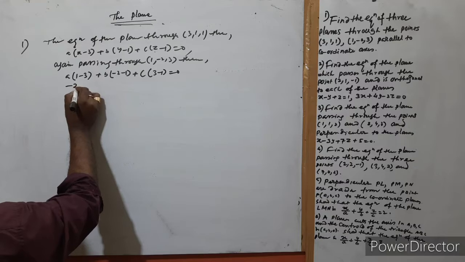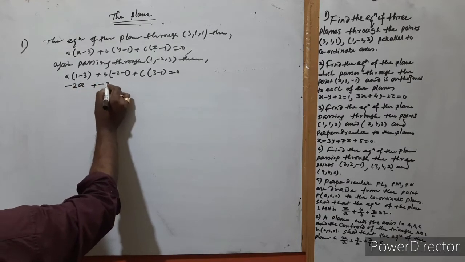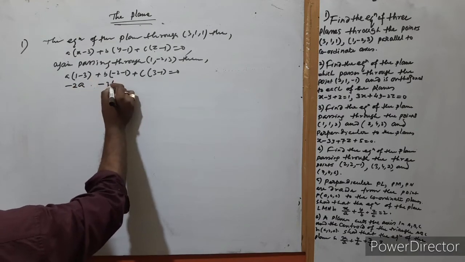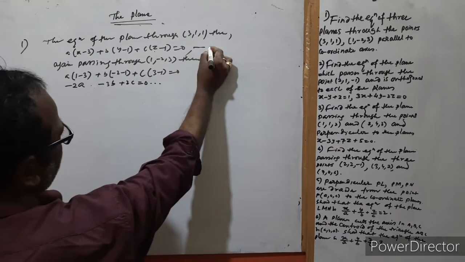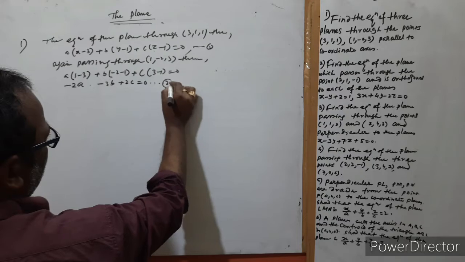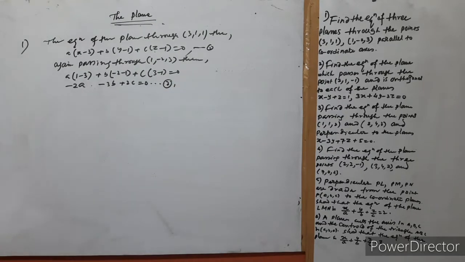So this is minus 2a minus 3b plus 2c equal to 0. This is 2.